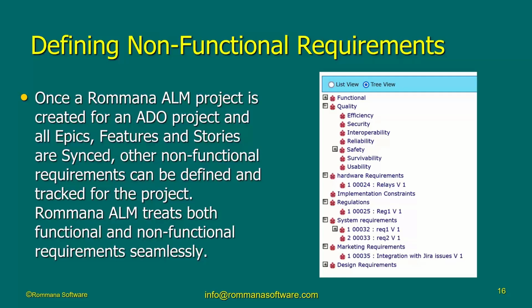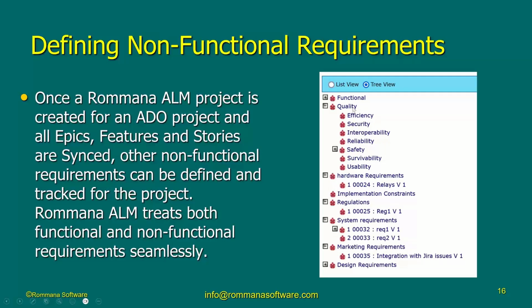non-functional requirements, okay, which means requirements or user stories that are not functionality. As you can see here, Rommana ALM allows you, this is the same hierarchy I showed you in the very first slide, but the difference here is that it shows you all the functionalities, and that includes everything that has been brought in from ADO. But it also allows you to specify other types of user stories.